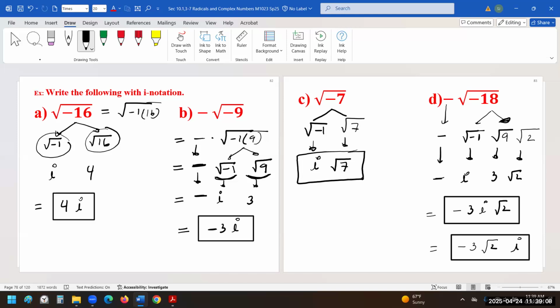You can see it. But if you write it on a computer, you don't know, did you write square root of 2i or square root of 2, i? You cannot distinguish that, so my MATLAB doesn't want you to have this problem. This is my MATLAB's favorite: i first and then the radical.